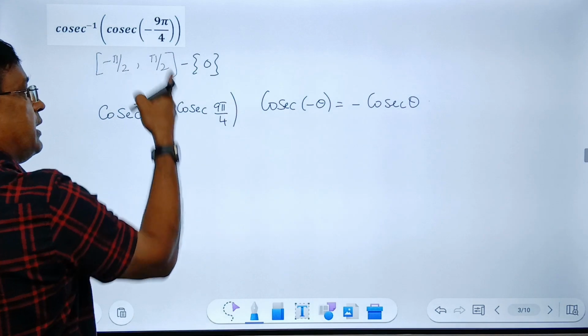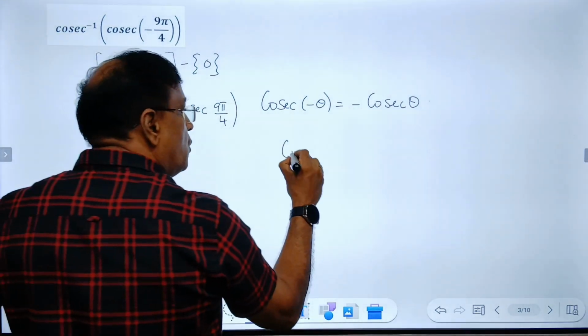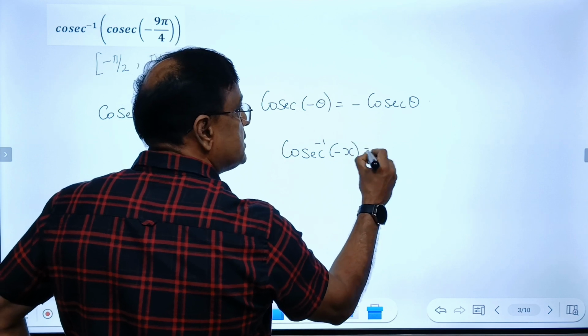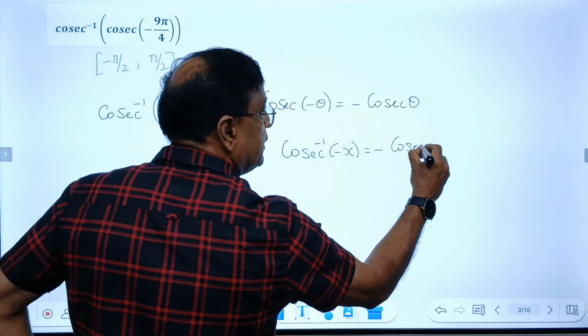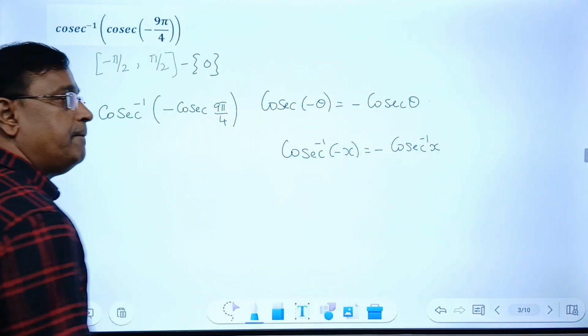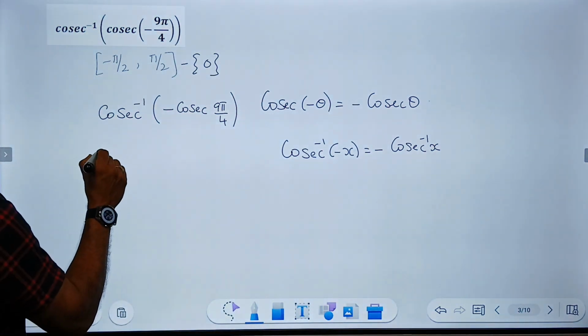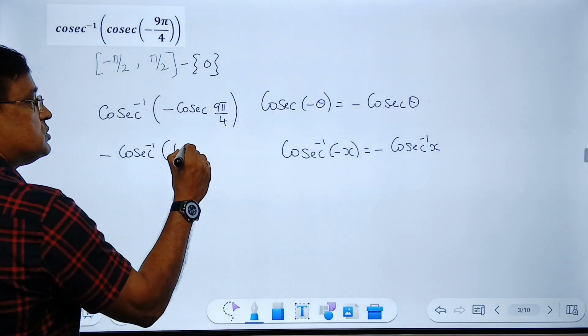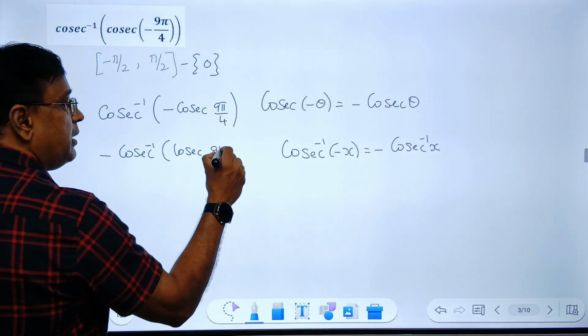So I used that result and I got this. But you also know in inverse trigonometric functions that cosecant inverse of minus x is minus cosecant inverse of x. So using that result, this will become minus cosecant inverse of cosecant 9 pi by 4.